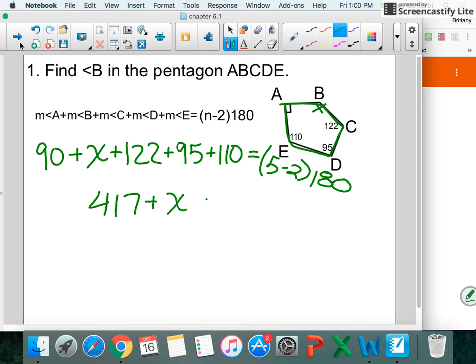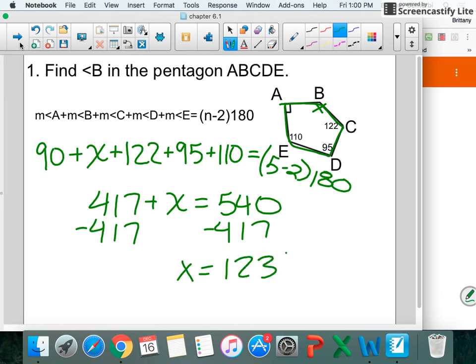So if I simplify the left-hand side, I get 417, just combining like terms, plus x equals 540. So I did 5 minus 2 and then times 180. And then to solve for x, I'm going to subtract 417 from both sides, and I get x equals 123 degrees. So that is the measure of angle B.